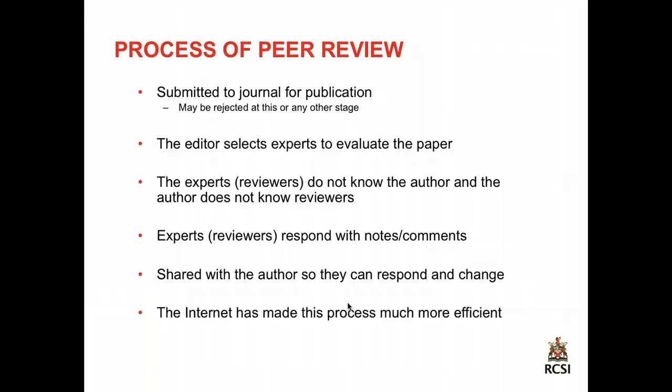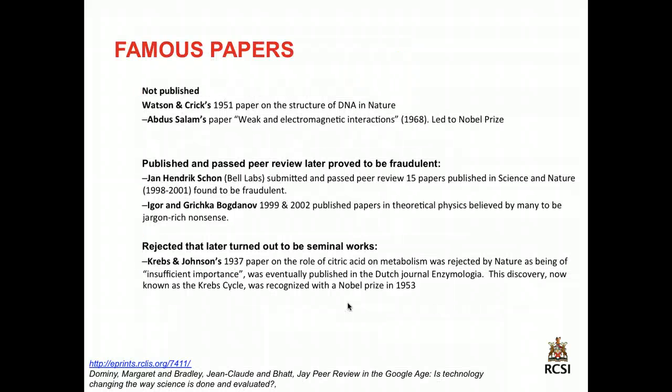And part of the contract with the editor is to send back comments as reviewer notes, and then these are shared anonymously with the author, who can then respond and change the manuscript as instructed. And of course, this used to happen by post not so long ago, and now it happens online and is much, much more efficient.